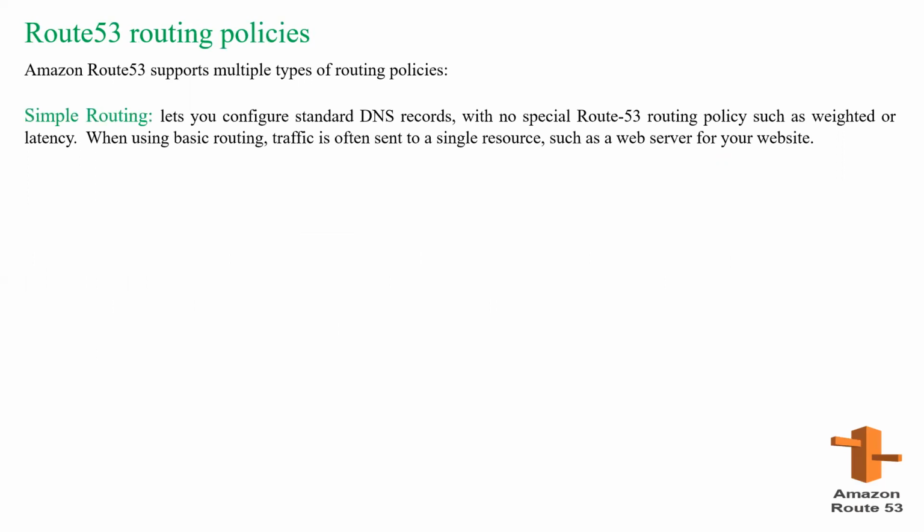There are several types of routing policies. So here, to begin with, simple routing is one specific policy that will be directly attached to your web server. So when external users are trying to access your web page, which is within the Amazon cloud, it will follow the simple routing policy.